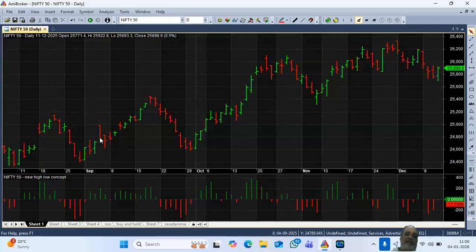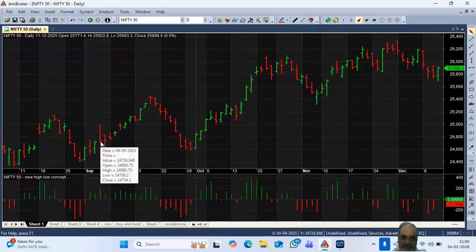And here also there is the possibility: the bar made a high, but the opening itself is the high. When the opening itself is the high, and the bar failed to make a close over and above the previous day close, it is one of the potential turning points, at least for a shorter term.